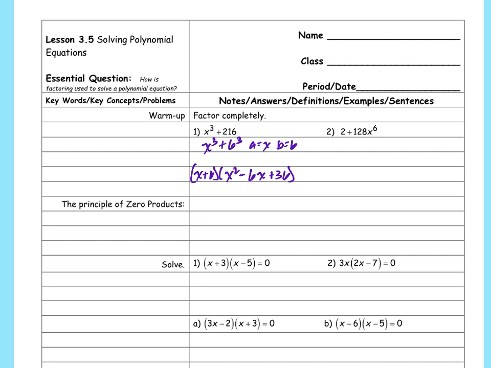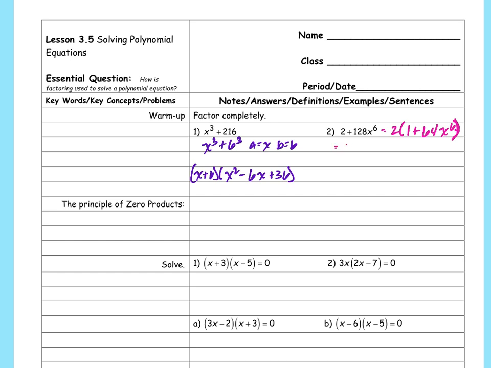And the second one, there were just a few little errors on some of them. So if I can factor out a 2 first, this could become 2 times 1 plus 64x to the 6th. Oops, x to the 6th. Let's put the parenthesis around the whole thing.